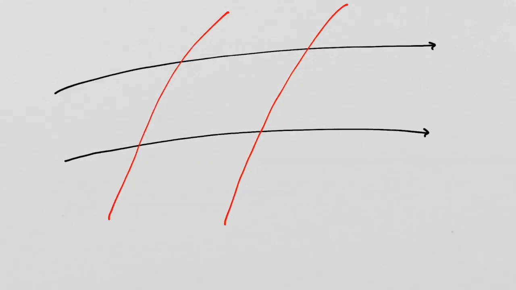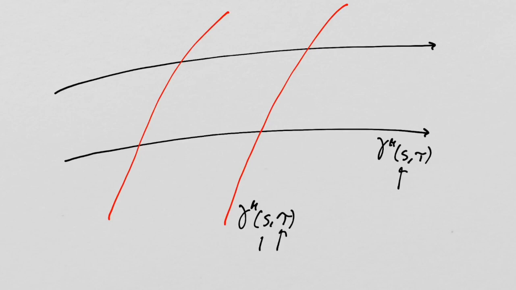Okay, so now we will redraw this, and here this black line is a given geodesic where we imagine holding s constant and running through all the values of tau. And this guy, same function, but now we hold tau constant and we run through all the different values of s. And from these two curves, we can derive two vector fields.